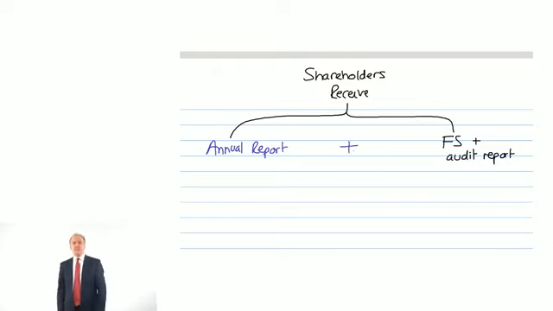So typically they get a big glossy document. If it's a bank, it will probably be about 500-600 pages long. Yes, really. Called the annual report and accounts.